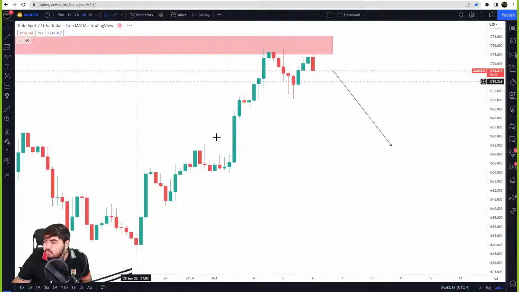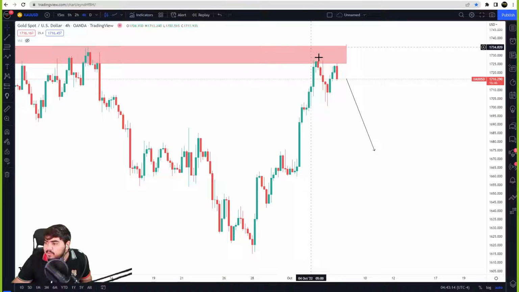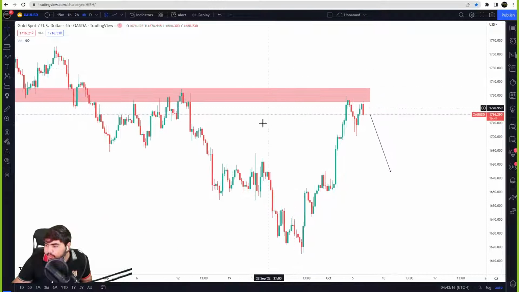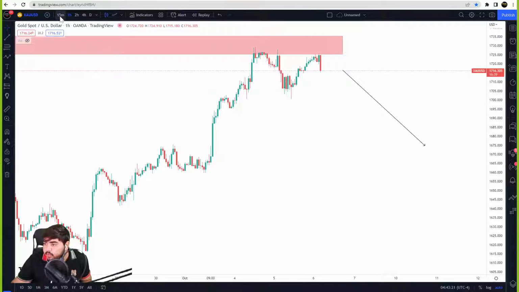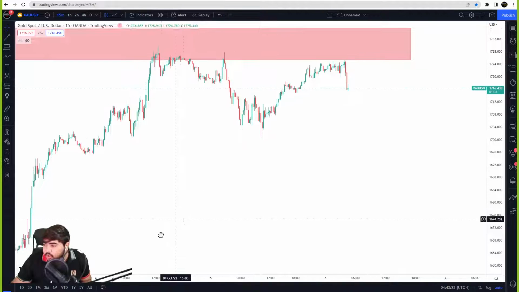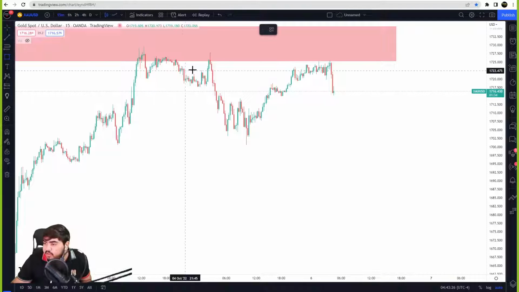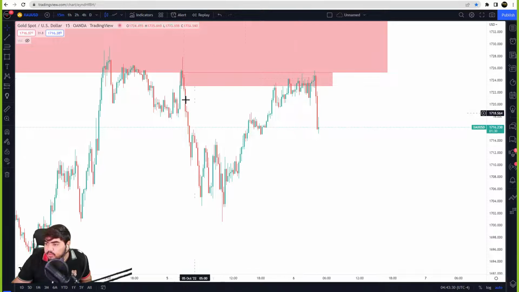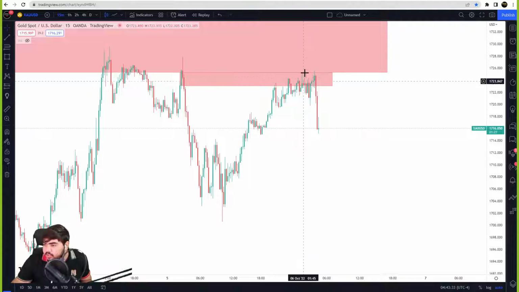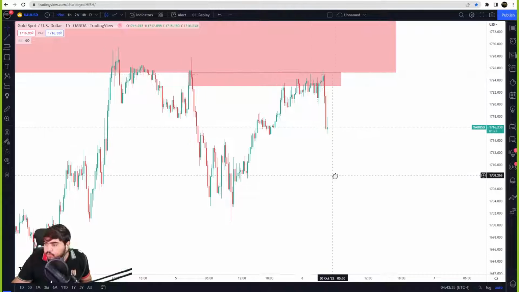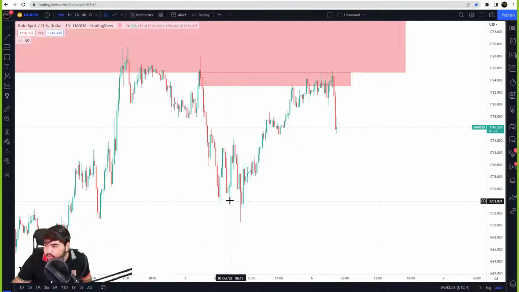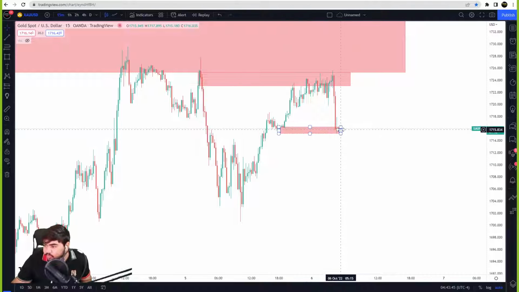If we go on the 4 hour time frame, we can see something like this again. Overall, we are bearish. Today, if we look at the 15-minute chart, it dropped from a very, very important level. This was an order block area. Price pushed to this area, came into that area, and now it's pushing lower. So overall bearish sentiment, but at this moment, price is sitting around this level of support as well.